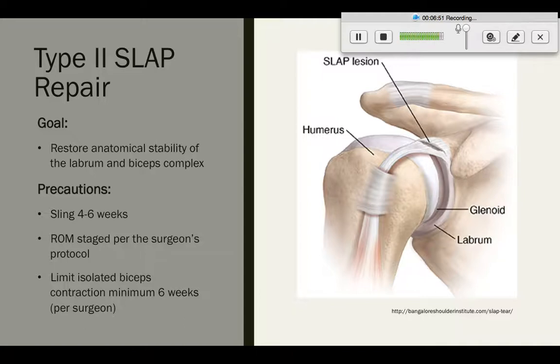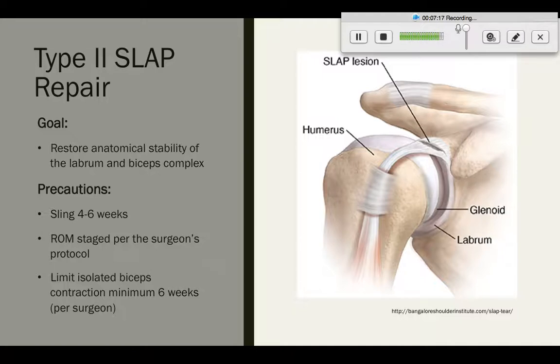So the overall goal: restore anatomical stability of the labrum and the biceps complex. Commonly, with precautions, we'll see a patient in a sling anywhere from 4 to 6 weeks. In general, the range of motion is going to be staged per the surgeon's protocol, which just means there's going to be limitations in the amount of passive and/or active motion that can occur in each plane.